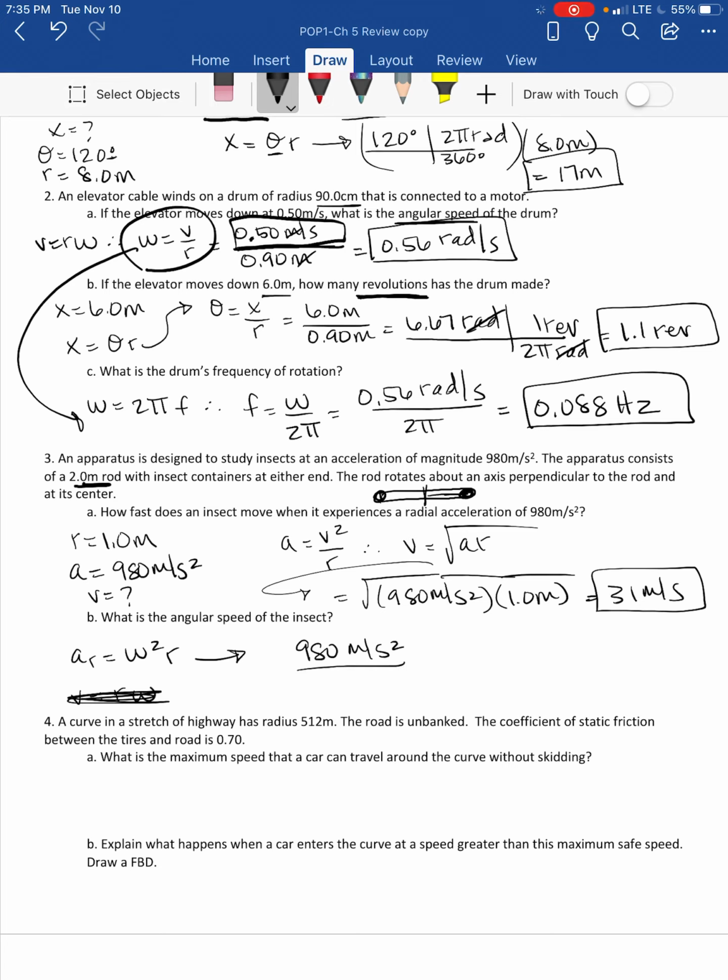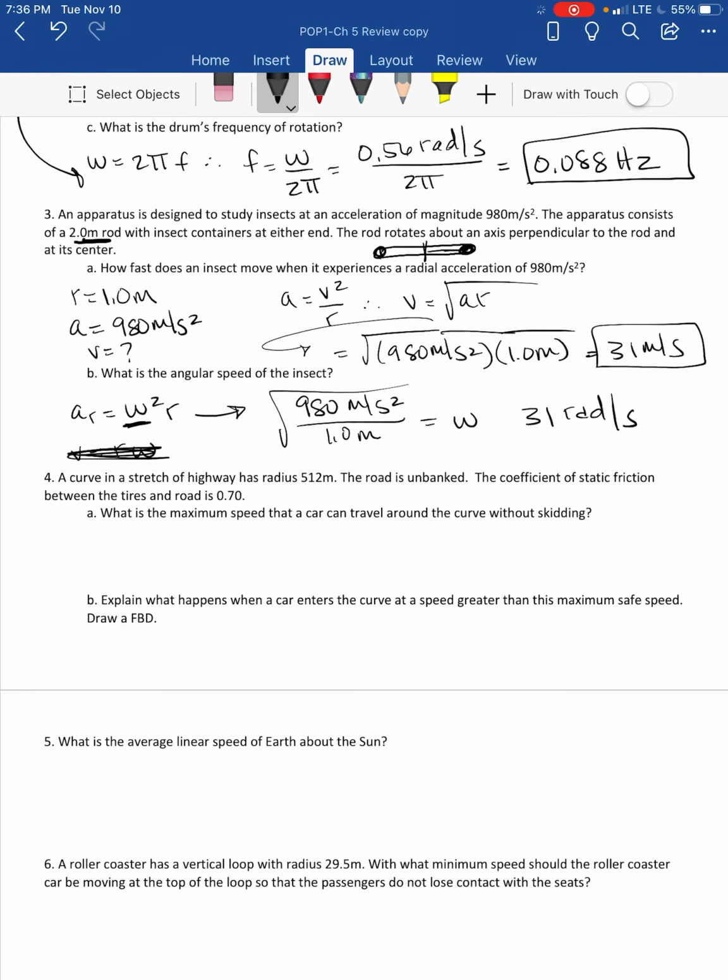If you divide that by the radius, so this 1 meter, and do the square root of that, I just rearranged this equation and solved for w, then you end up with 31 radians per second. Okay. It doesn't always happen like that, obviously, but we were dealing with one, so.